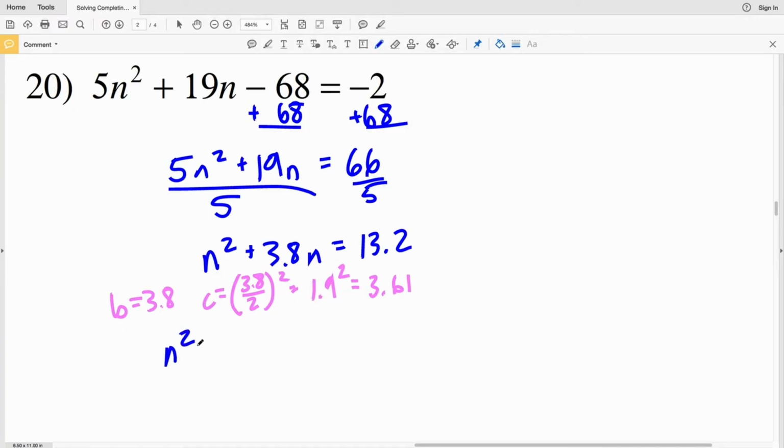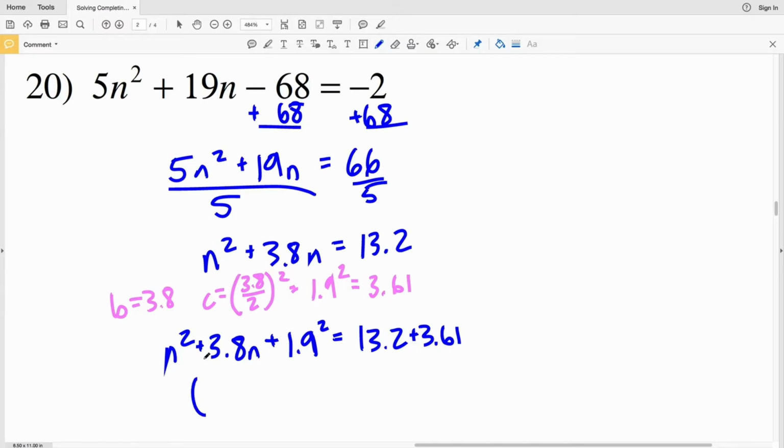So I'll have n squared plus 3.8n plus, and I'll leave this as 1.9 squared, equal to 13.2 plus 3.61. And I'll leave that as 1.9 squared just to show you that that is indeed the b squared value, which makes it easier when I split it up.